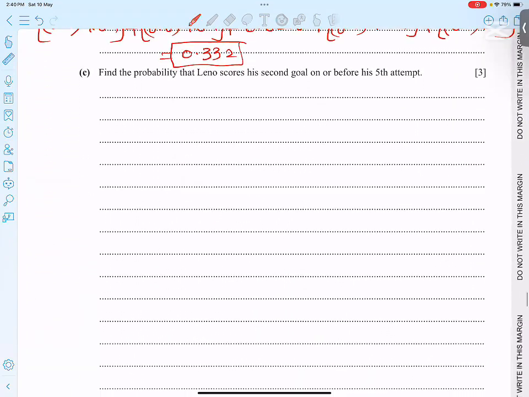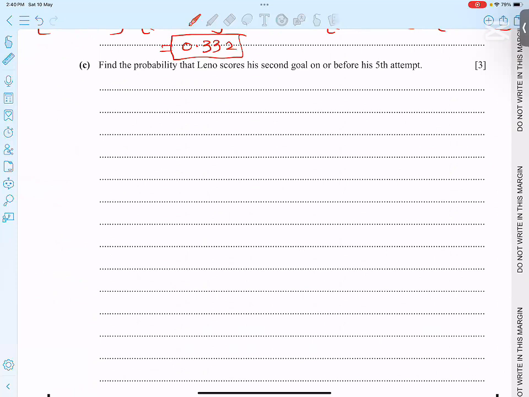The part below: the probability that L scores a second goal on or before the 5th attempt. Okay, students, I will do this question to give a more proper understanding, if it happens on or before his 5th attempt. So I can make a plan.